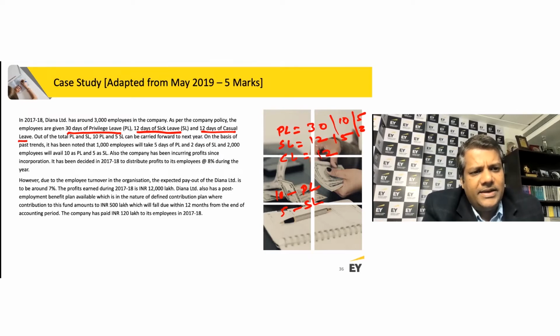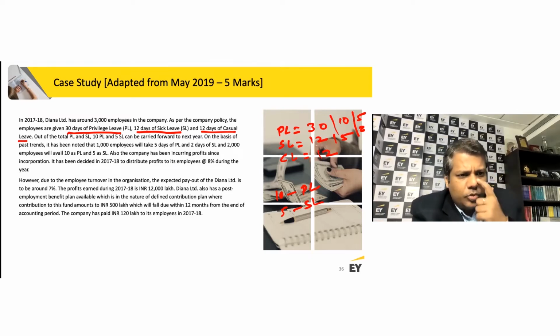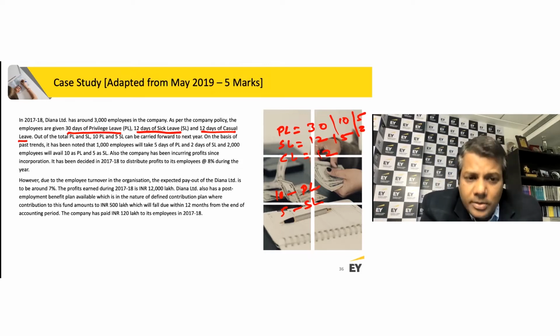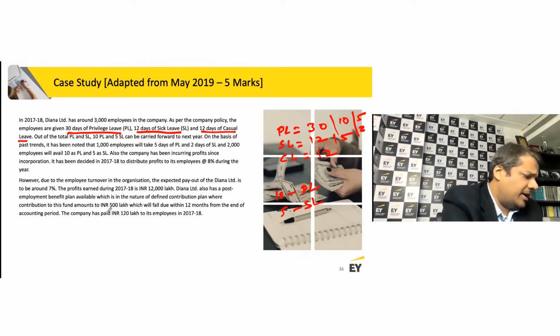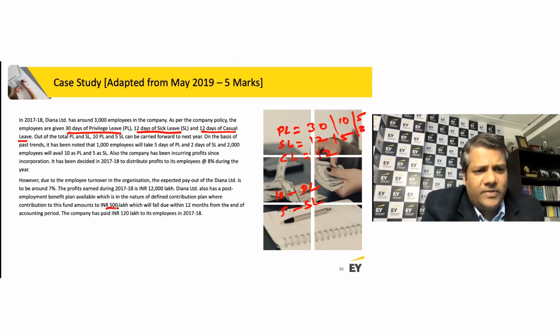Diana Limited also has a post-employment benefit plan available, which is in the nature of a defined contribution plan, where contribution to this fund amounts to INR 500 lakh, which will fall due within 12 months from the end of the accounting period. The company has paid INR 120 lakh to its employees in 17-18.